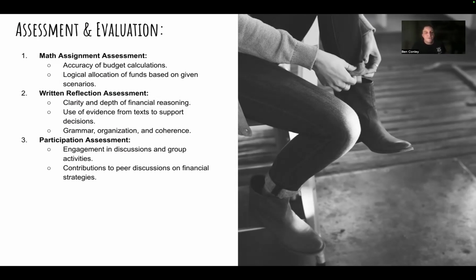And as well, contributions to peer discussions on financial strategies, because ideally what would happen is the students would start to think about this themselves. They're all going to have their own ideas. They're all going to have their own methods and their own idea of what they want, what they don't want, what they need to save for, and what they want to spend in a frivolous way, I guess. Again, for lack of a better word.